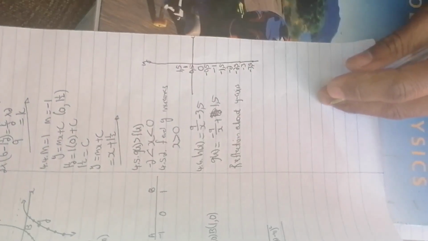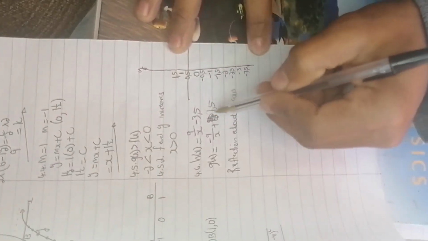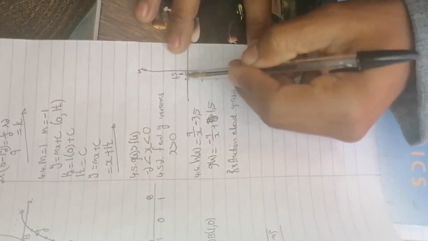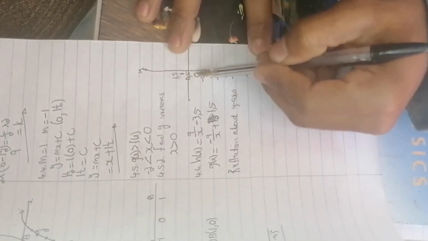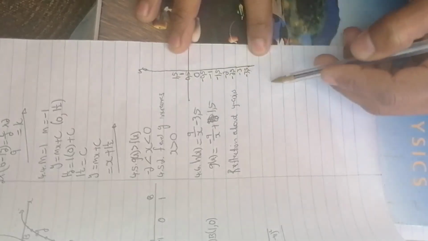Right, so I want to make sense of this. I'm moving from 1.5 to negative 3.5, and if I use this interval of 0.5, that will be 1, 2, 3, 4, 5, 6, 7, 8, 9, 10 units down.